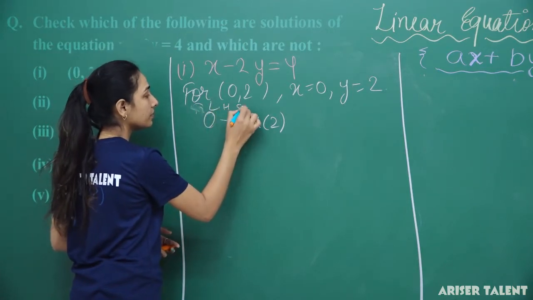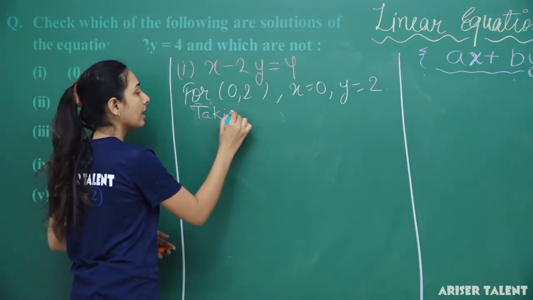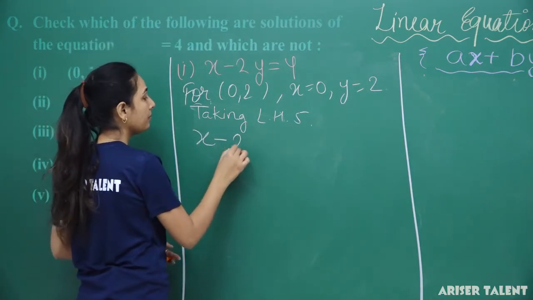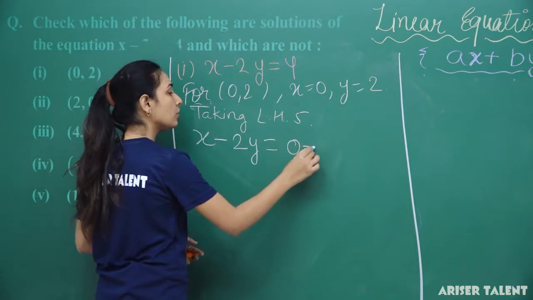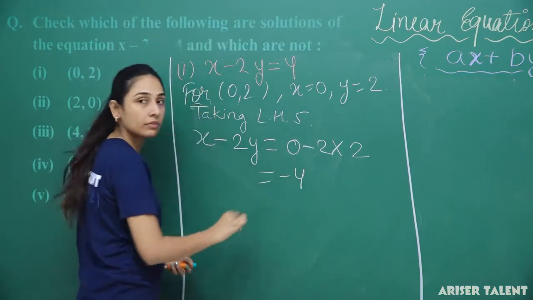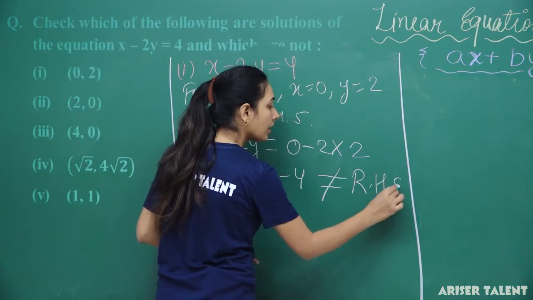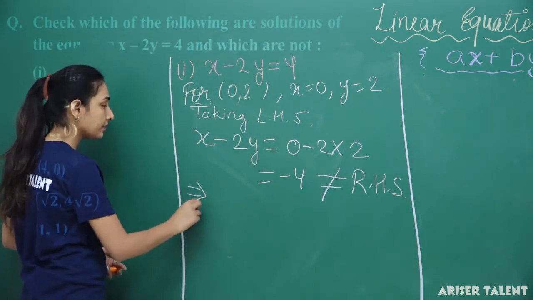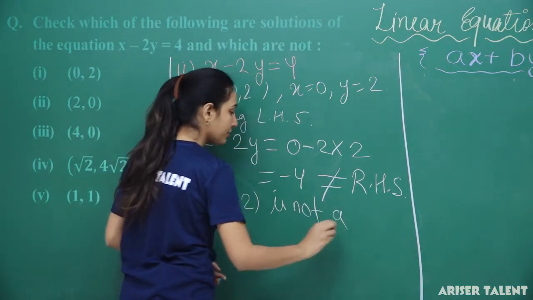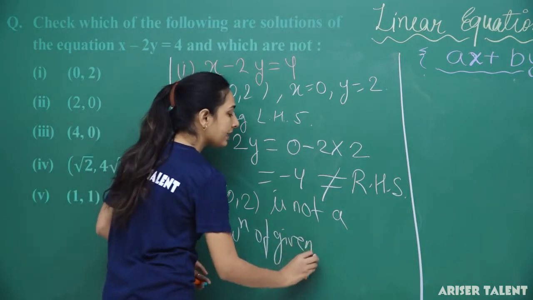Taking LHS, that will be x minus 2y equals 0 minus 2 multiplied by 2, because y is 2, that will be minus 4, and this is not equal to RHS. This implies that 0, 2 is not a solution of the given equation.